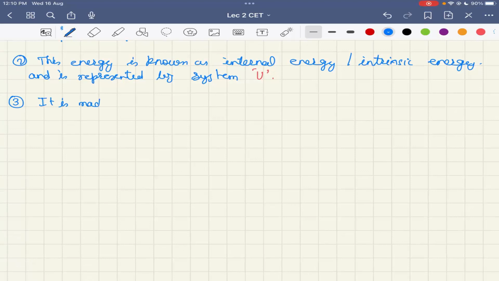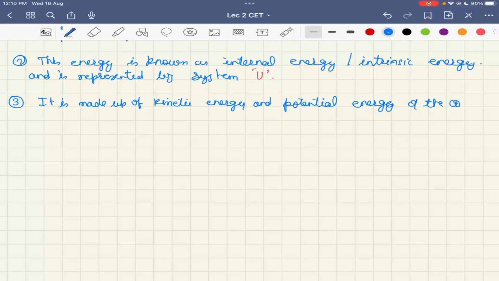It is made up of kinetic energy and potential energy of the constituent particles, right?